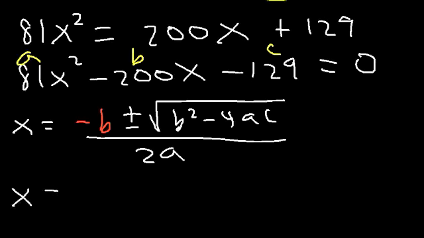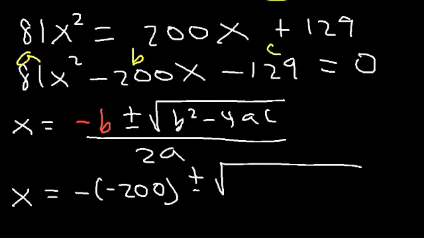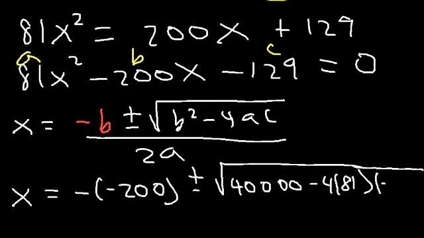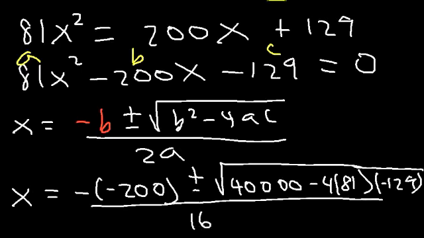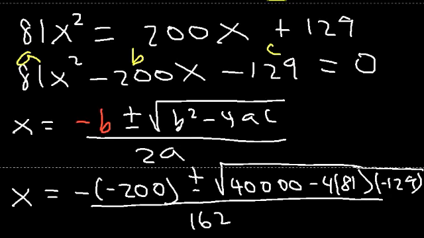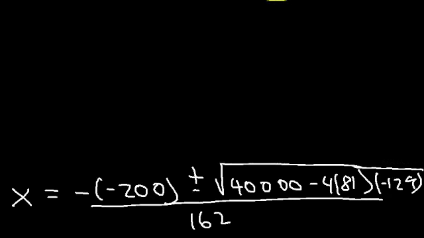So let's plug in what we have. So b is negative 200, b squared, negative 200 squared, which is negative 200 times negative 200. That's a positive 40,000. And then minus 4 times a, which is 81, times c, which is negative 129, divided by 2a. 2 times 81 is 162. So negative times negative 200 is positive 200.